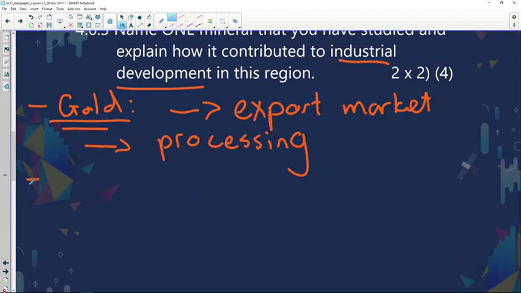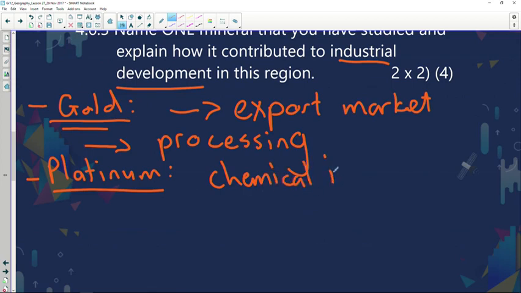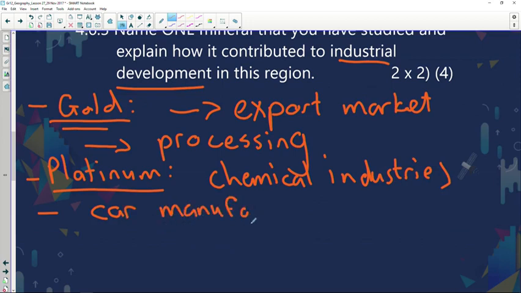Now, if you move to the Northwest province, close to Rustenburg, another raw material that we have is platinum. Now, it's led to chemical industries, and obviously car manufacturing companies. And once again, it leads to processing, creating more employment opportunity, not only for unskilled people, but skilled labor as well.